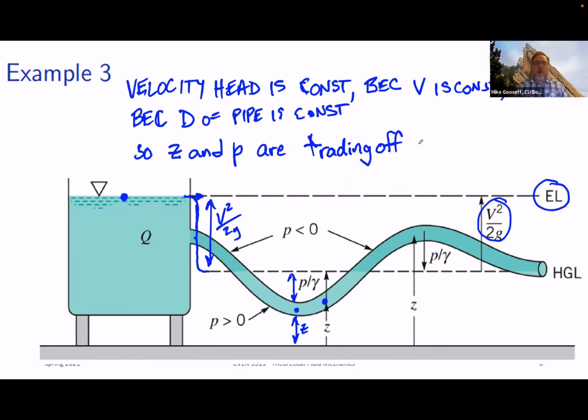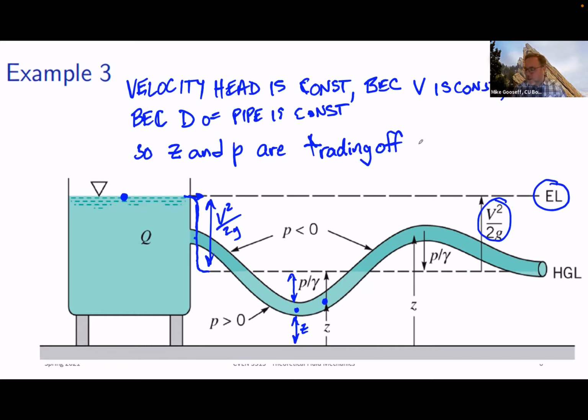Now, in a way, we could say that Z is fixed. The pattern of Z through space is this pipe, which we expect is not flexible, it's being held in place. And therefore it's the pressure that's really responding to the changes in Z. The velocity head is fixed throughout. So that is a fixed distance between the energy line and the hydraulic grade line. And the hydraulic grade line is dictating how Z changes are affecting P changes, pressure changes.